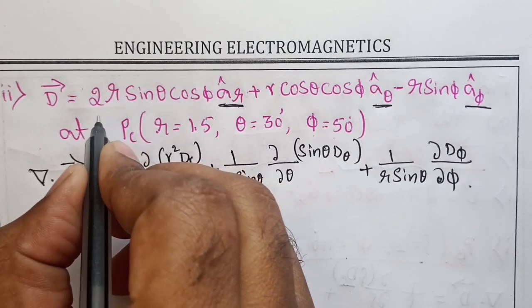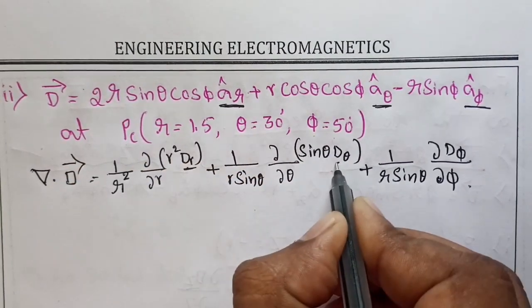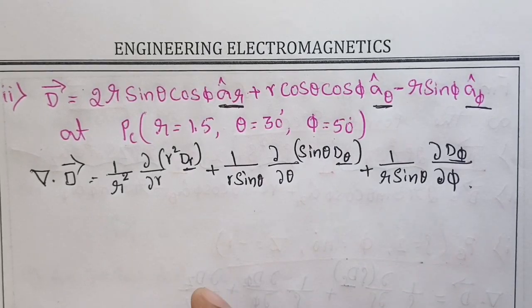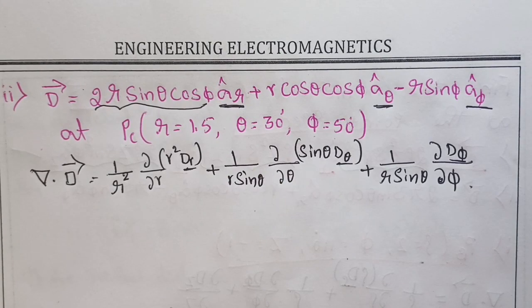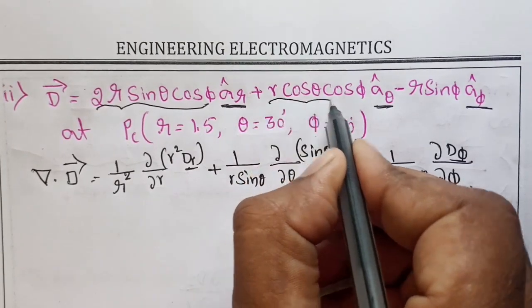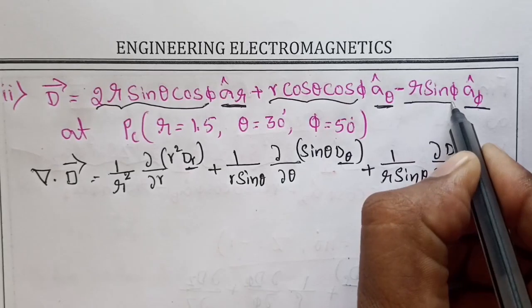Hence, if I find out what D_r, D_theta and D_phi are from the given equation, this is the coefficient of r, 2r sin theta cos phi. This is the coefficient with respect to theta and this is with respect to phi.